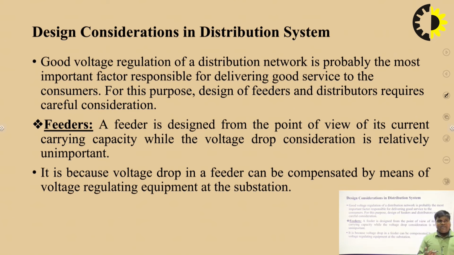One important requirement of a distribution system is that the voltage variation at a consumer's terminal should be as low as possible. It is an important point. The changes in voltage are generally caused due to the variation of load on the customer side in a system.